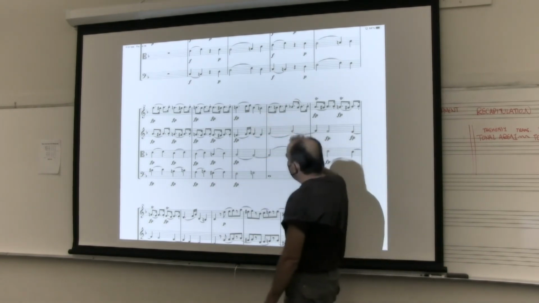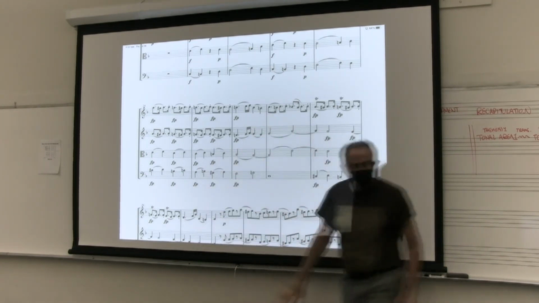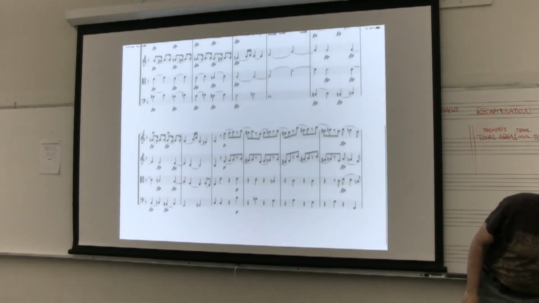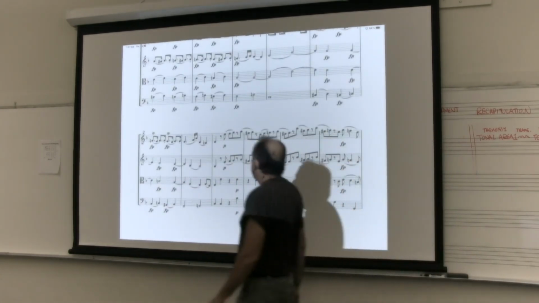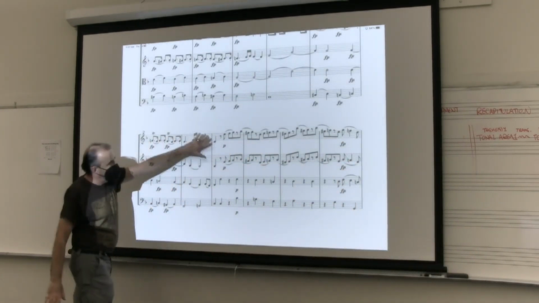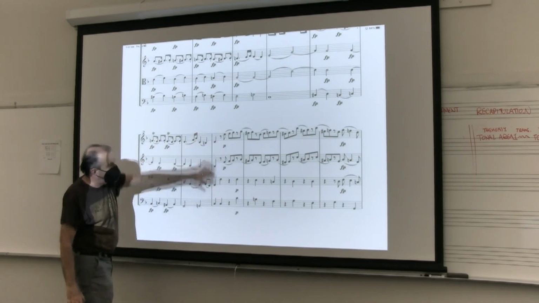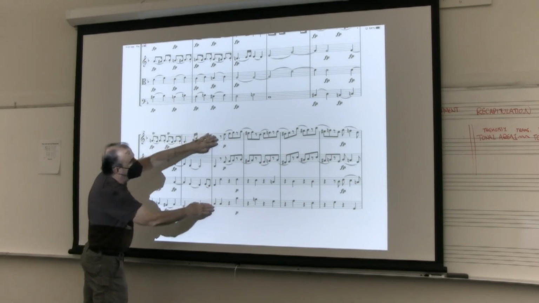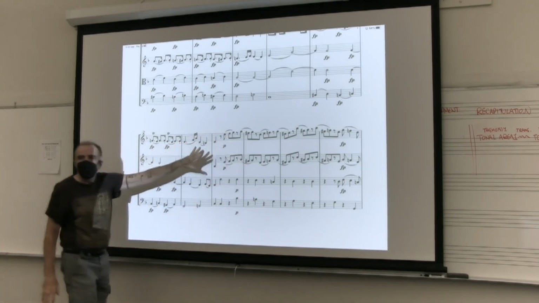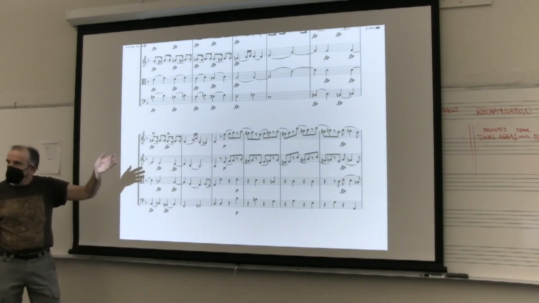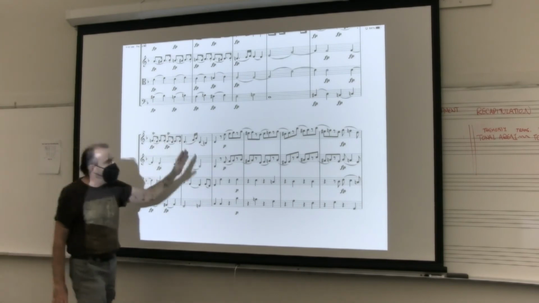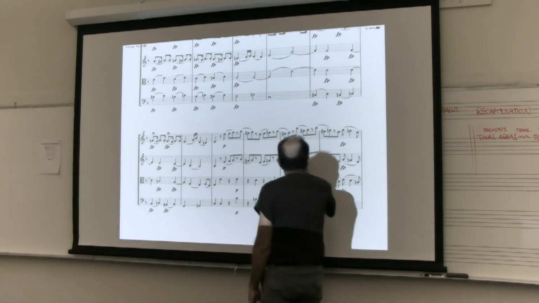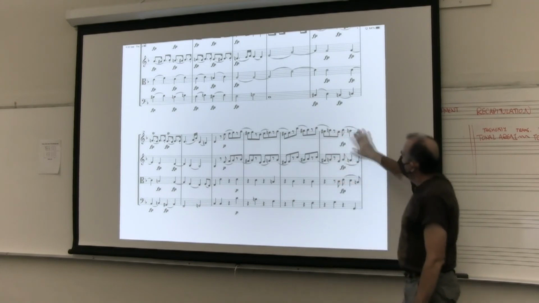So that motif with the dotted 8th and 16th continues down to the bottom, where we really come to a cadence in C major here, right? Perfect authentic cadence here, 5 to 1. And then we get this new melodic idea, which is our closing theme. We're saying, okay, we're in C major, and we're just going to fool around in C major.